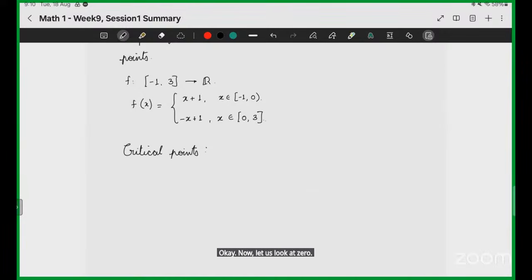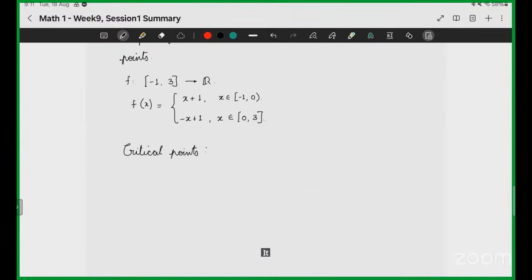Okay. Now let us look at 0. Is the function differentiable at 0? Is the function continuous at 0? Yes, sir.